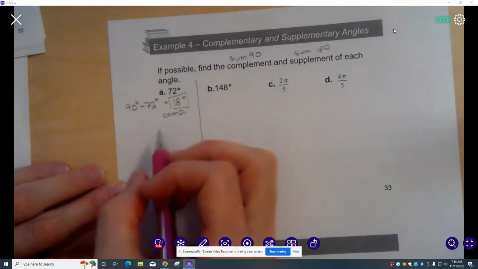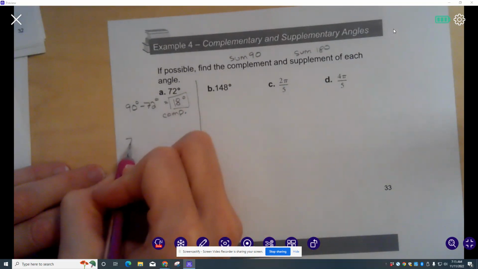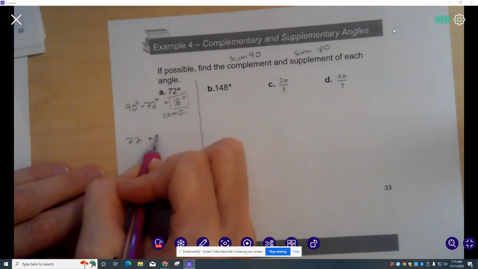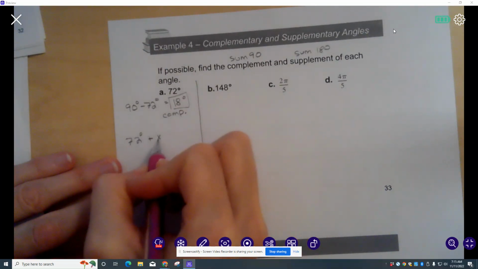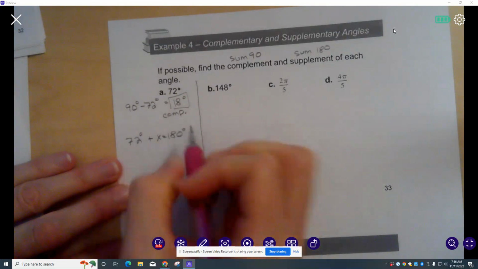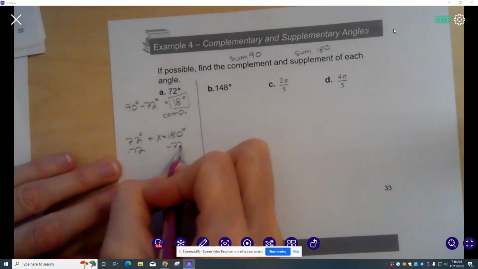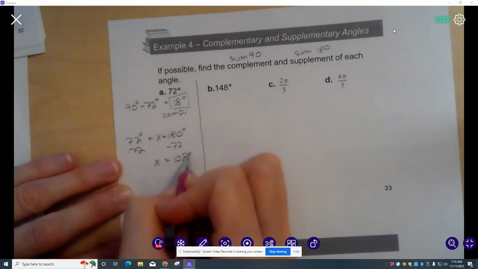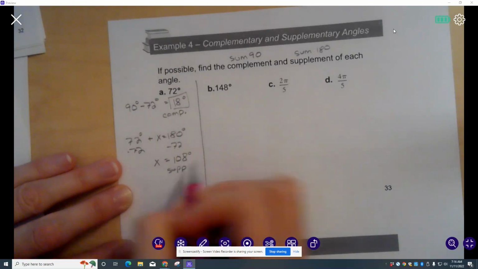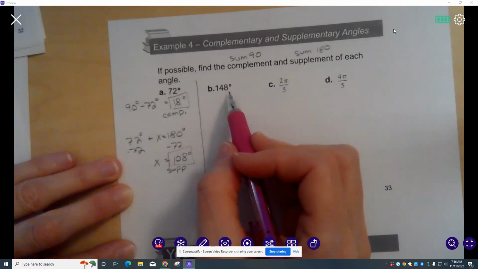My supplementary, 72 plus something equals 180. So really, I am solving this equation, 72 plus x equals 180. And then I would minus 72 from both sides. So x equals 108 degrees. That is a supplementary angle. All right, 148.